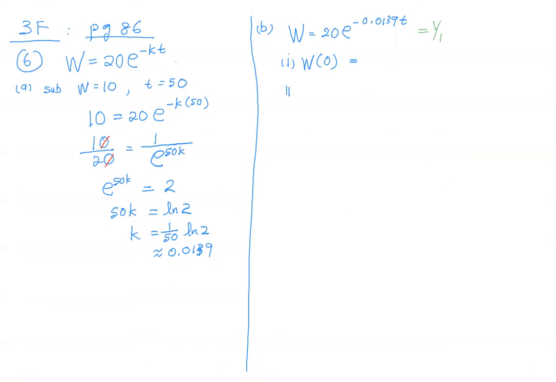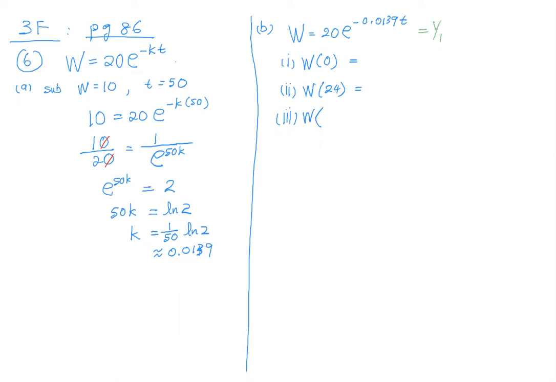I'm not going to give the answer because you can get the answer from your textbook at the back. So the other one, W24. Next one, W after 1 week. One week has how many hours?